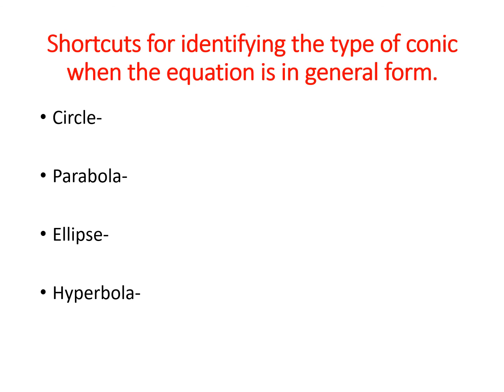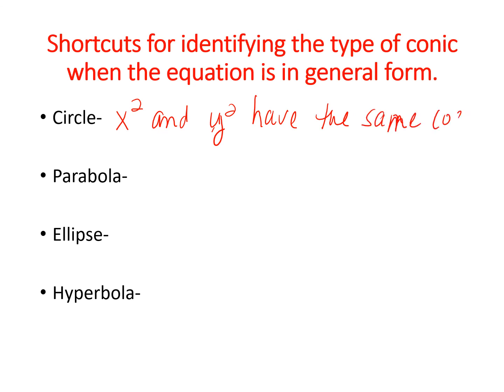So when we have a circle, the thing that you will look for is that the x squared and y squared have the same coefficient. So they could both have positive 2's, they could both have negative 3's. But if the coefficients are the same, then that is a signal that you are going to have a circle.